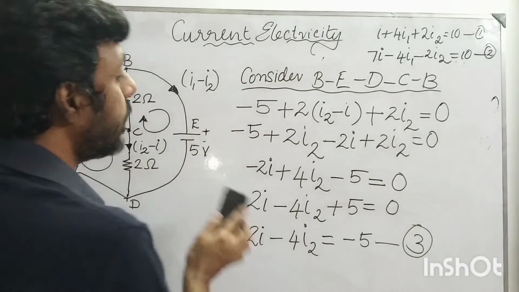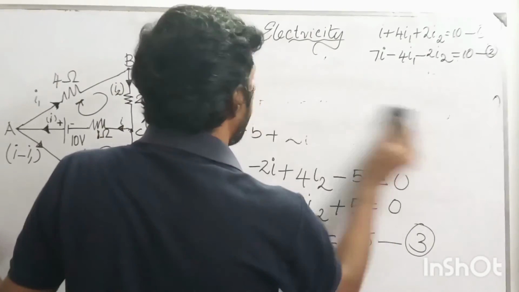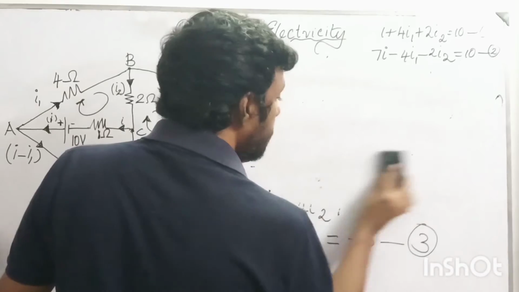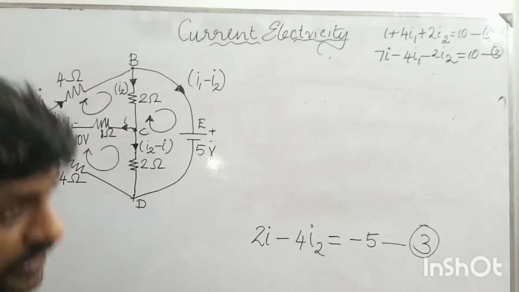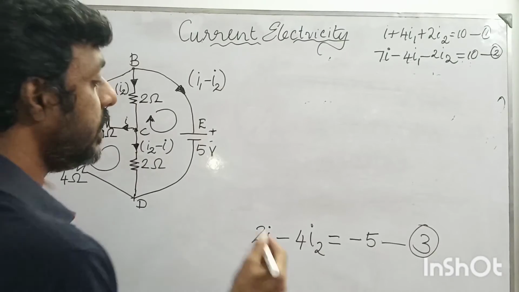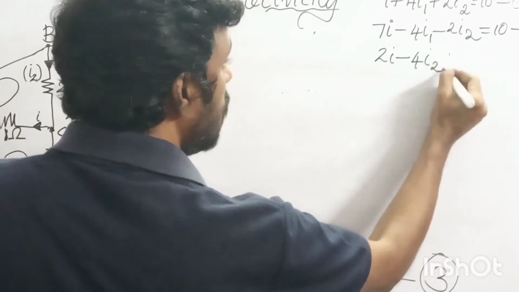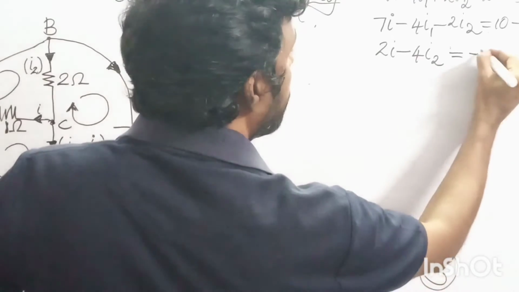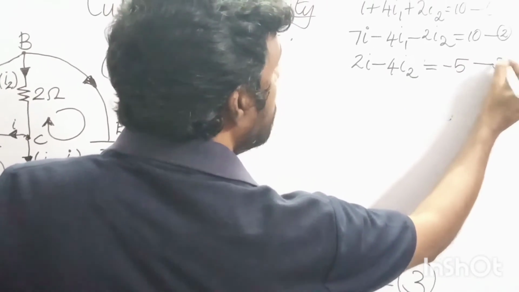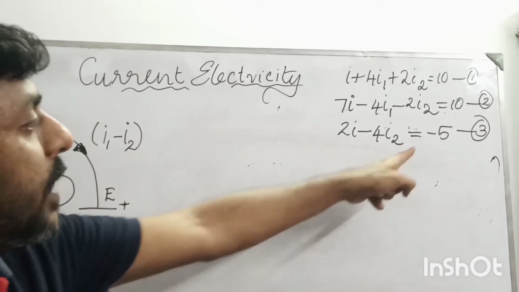Now I'm going to rub this one, and copy equation number 3 over here: 2I minus 4I2 is equal to minus 5.